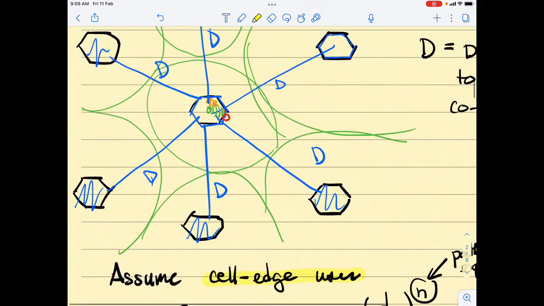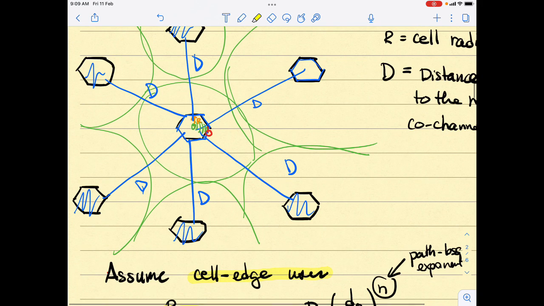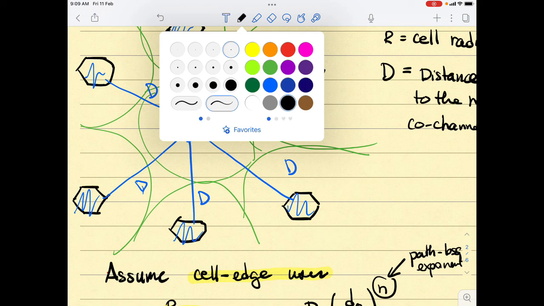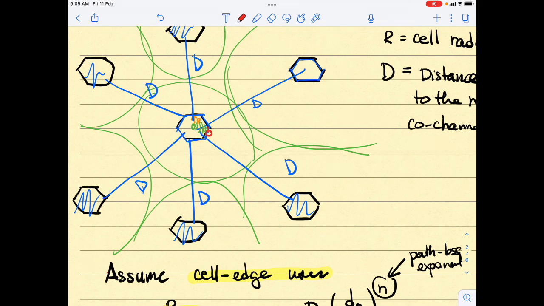Now let's go back and look at the interference. Remember, the interference is coming from the co-channel cells.